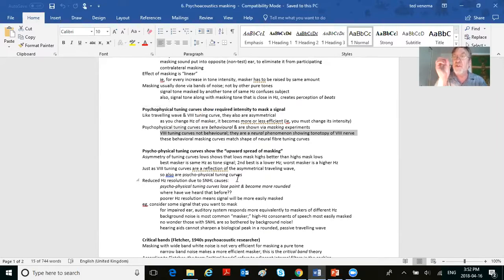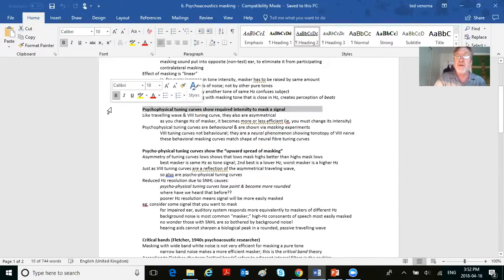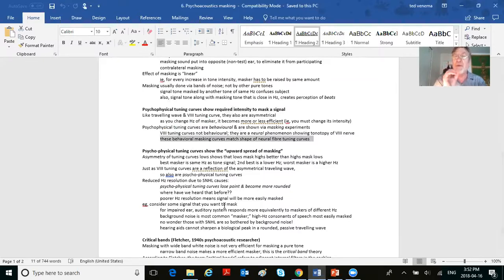In other words, certain specific nerve fibers are tuned to one frequency better than they are the others, okay? That's eighth nerve tuning curves. Today we're looking at behavioral masking tuning curves, also known as psychophysical tuning curves. And guess what? These psychophysical behavioral masking curves match the shape of neural fiber tuning curves, same shape.